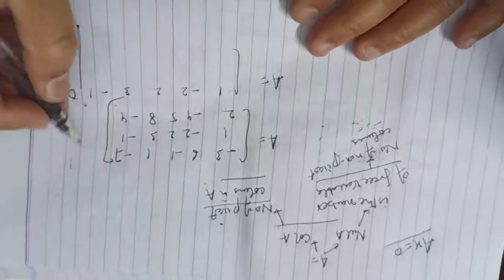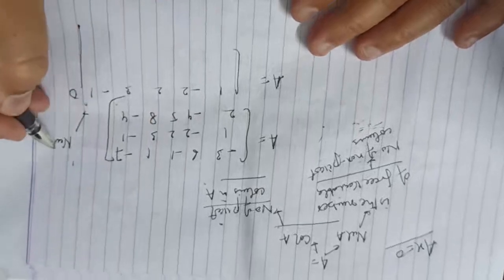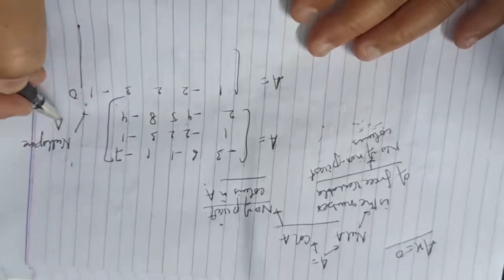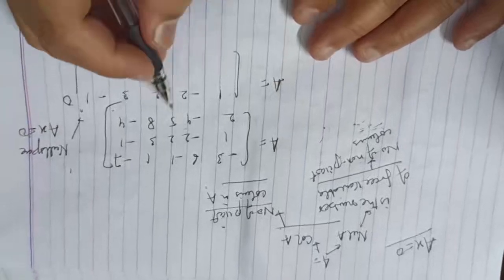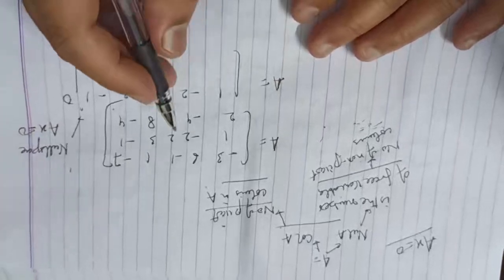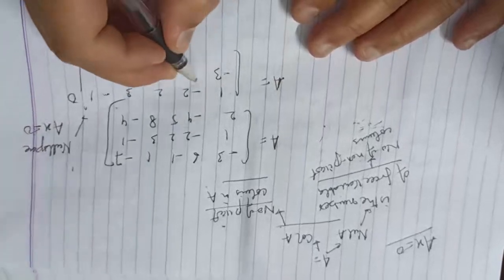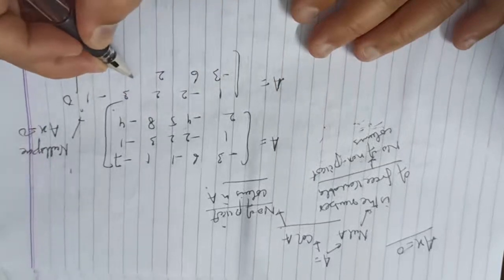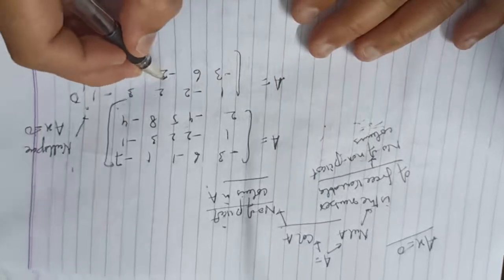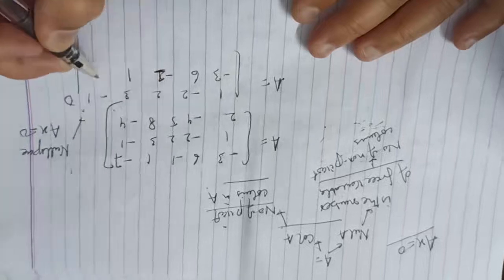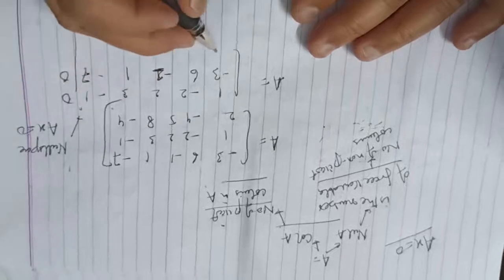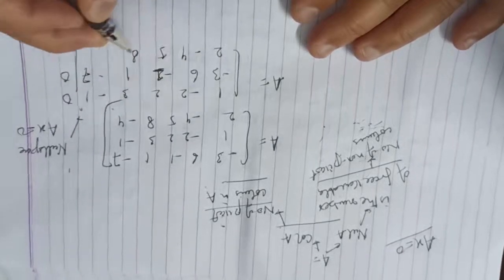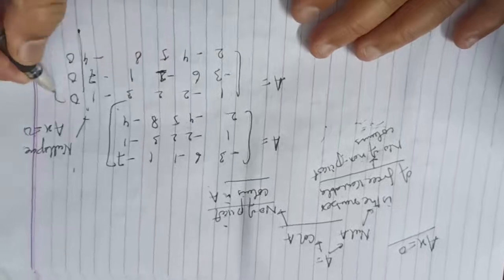For the null space you have to solve for Ax equal to 0, remember. So the second row could be -3, 6, -1, 1, -7, 0, and then 2, -4, 5, 8, -4, and 0.